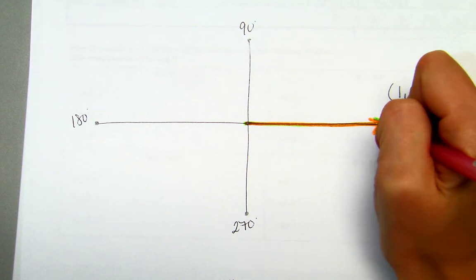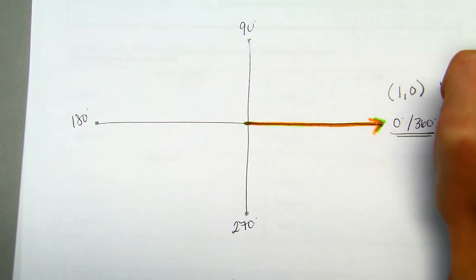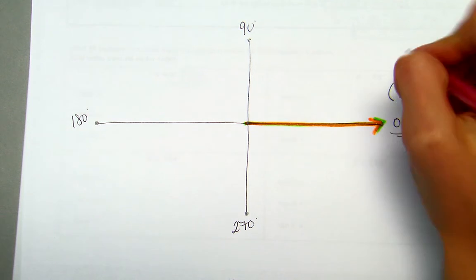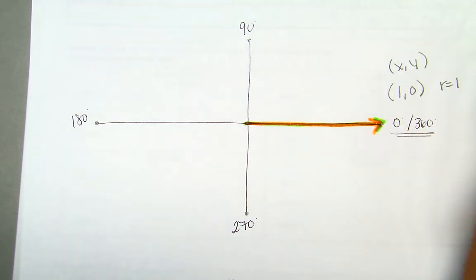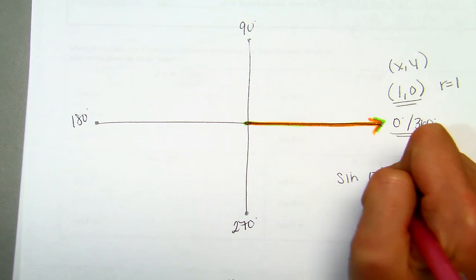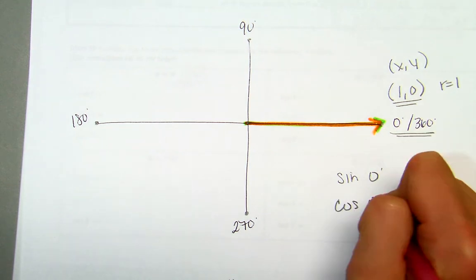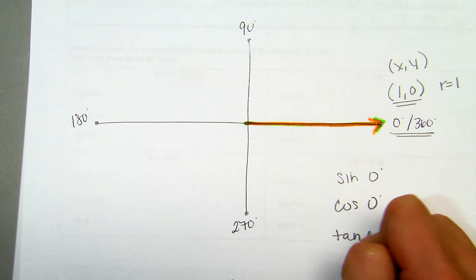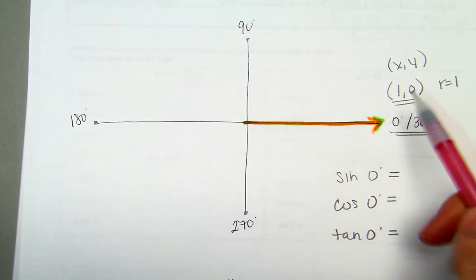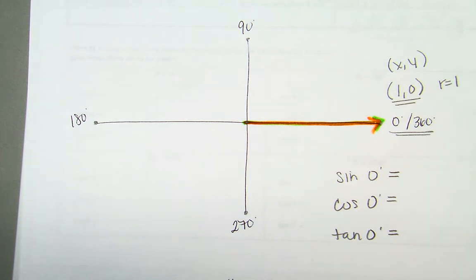At this point, you know that your radius is 1, and your x and y are both represented as that ordered pair. So at 0 degrees or 360, I can come up with the sine, cosine, and tangent just by having this information.